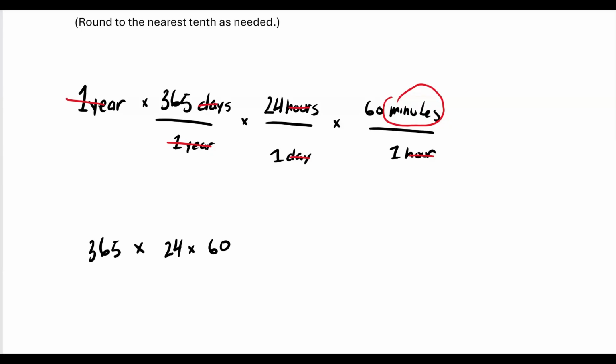And all of the denominators were just 1, so I'm not going to bother with those right now. Dividing anything by 1 doesn't make a difference. And this right here, 365 times 24 times 60, is how you can convert years, or 1 year, into minutes. So you can keep that in mind if you'd like. Make a note of that. To go from 1 year to minutes, we do 365 times 24 times 60.